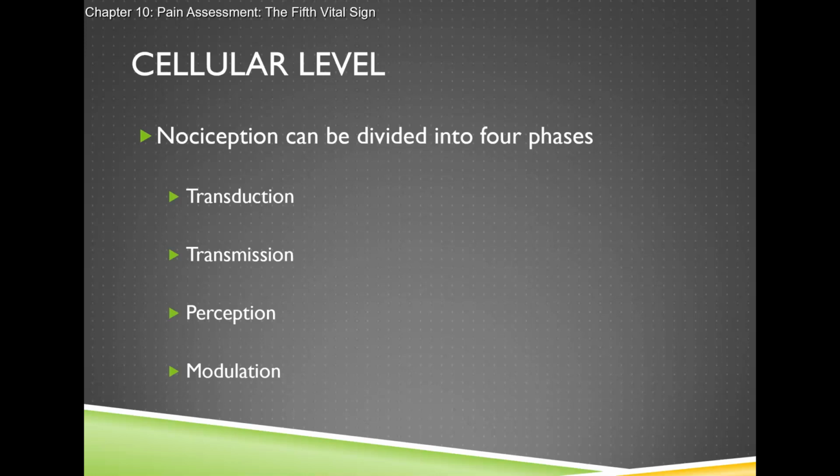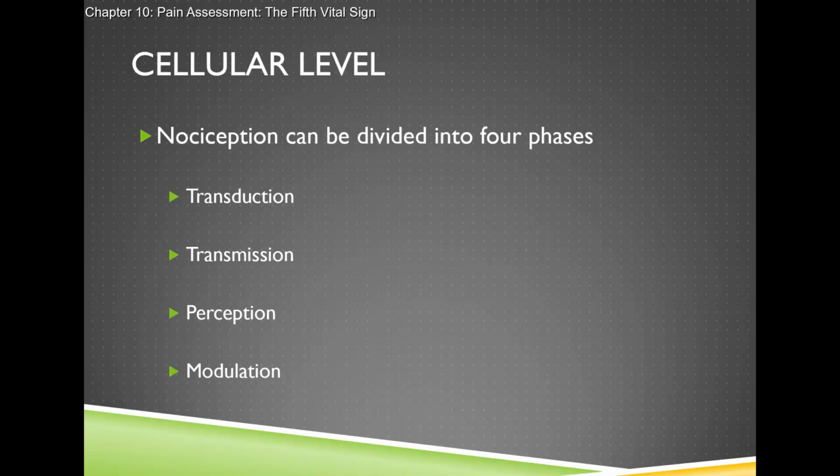So first you got the transduction, where you get the injury, it goes to the spinal cord. Once it leaves the spinal cord, it's transmitted from the spinal cord to the brain.